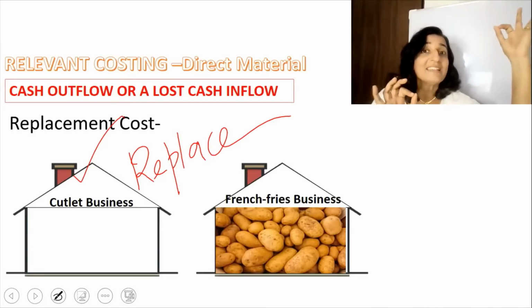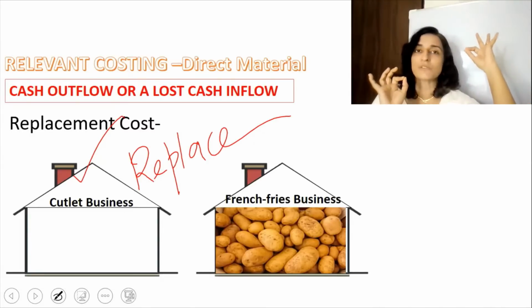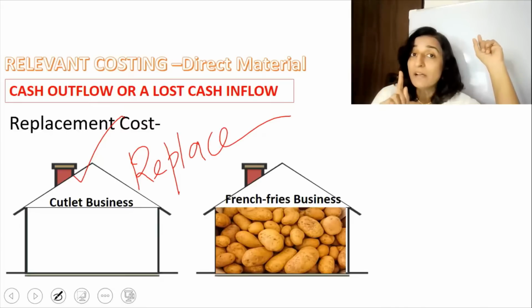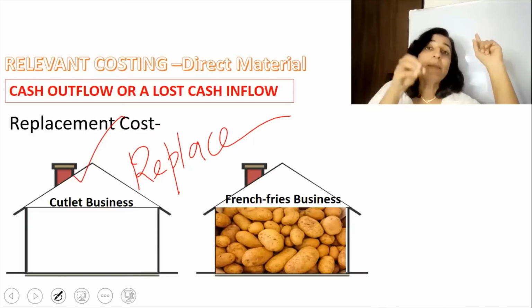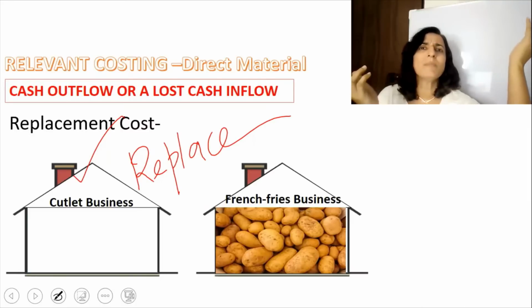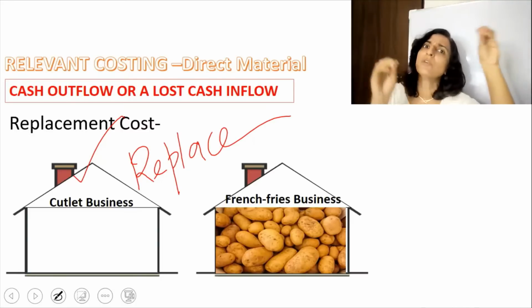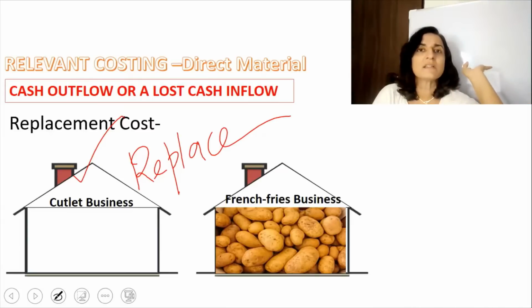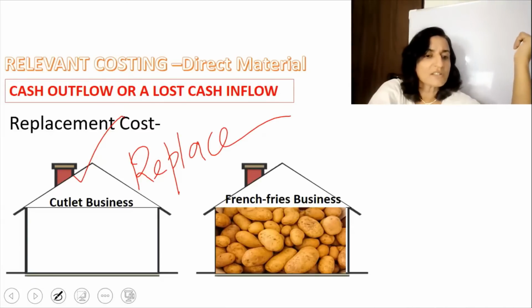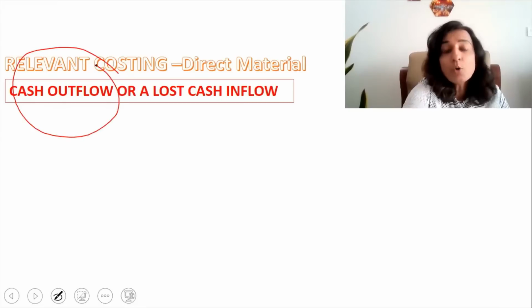So whenever the raw materials are regularly used, please note the term regularly used means the raw materials are already being used for an existing business. So whenever the raw materials are regularly used, we should take the replacement cost. And what do you mean by replacement cost? Replacement cost means we have to go to the market, buy some potatoes and give it to the cutlet business. So that is nothing but the purchase cost. So now we have finished the cash outflow part.